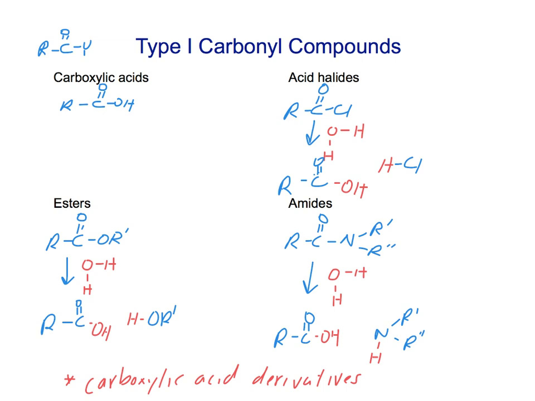We either have to use a stronger nucleophile than water, or we need to add a catalyst, okay, to make these reactions take place. All right, but all of these type 1 carbonyl derivatives or compounds are related to carboxylic acids in this way by hydrolysis.